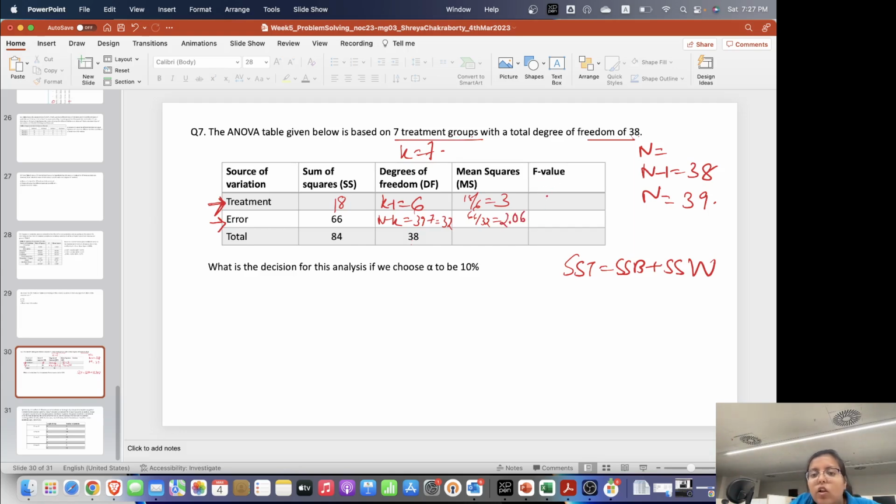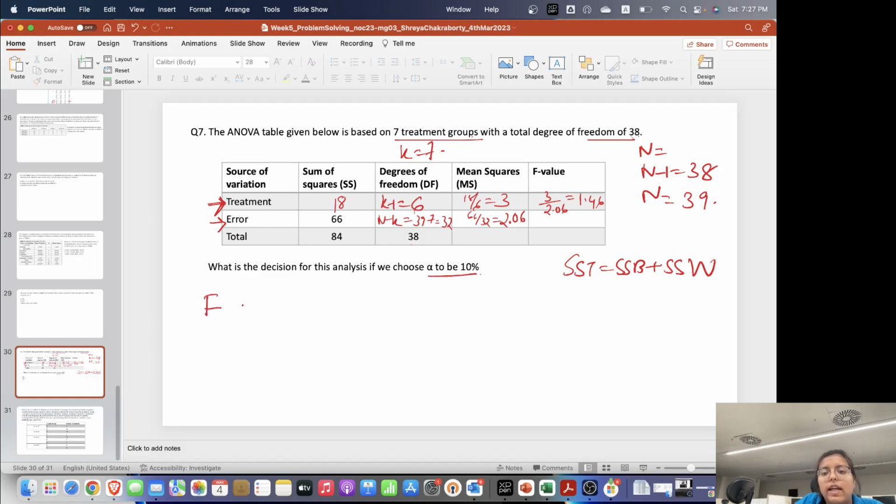So the F value will be 3 by 2.06, which is 1.46. Now, what is the decision of the analysis if we choose alpha to be 10%?